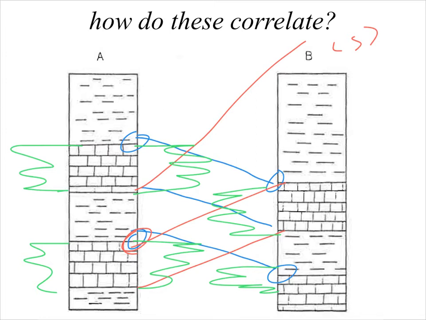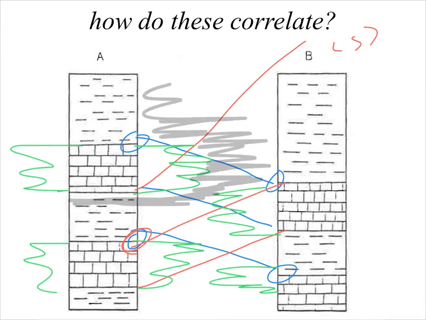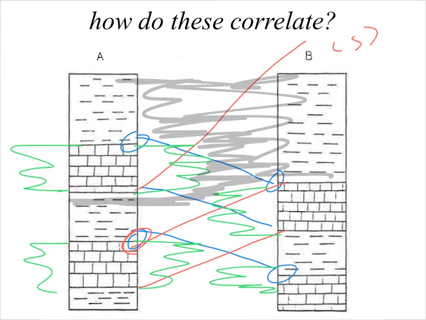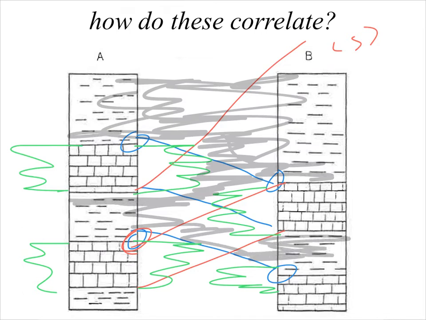I'm going to color the shale in red. Oh, let's color it in black. But you can see the shale is going to be everywhere else. And my point is that all of these are plausible relationships.